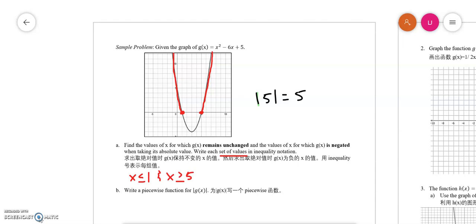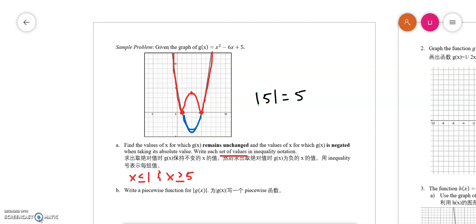Versus, where does this graph change? Well, it's in the remaining section, because this remaining section we can see is negative. That section is negative. So if we take the absolute value, it's going to become positive. So what it's going to do is it's going to flip to the other side, and we'll see something like this.